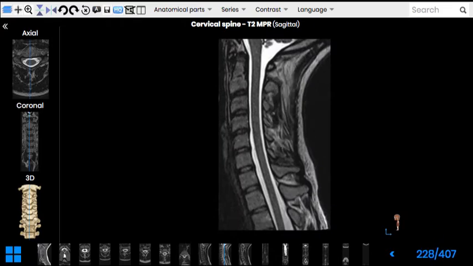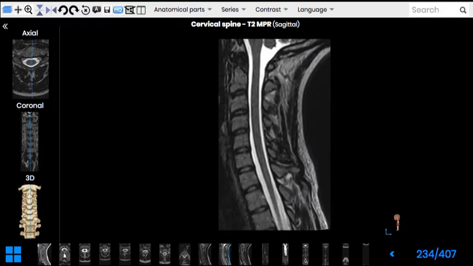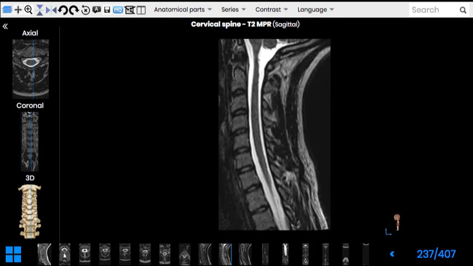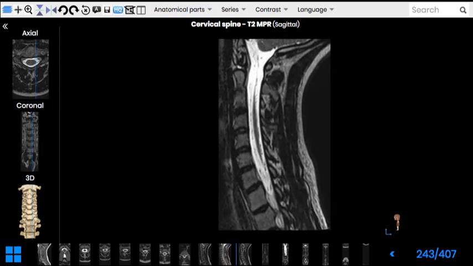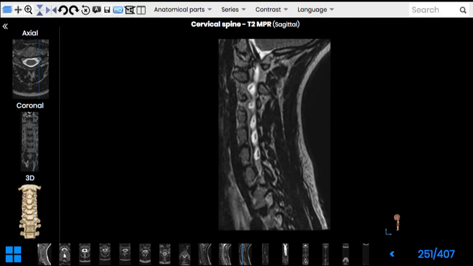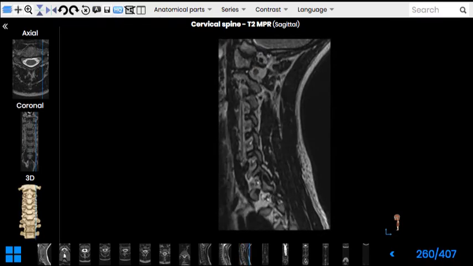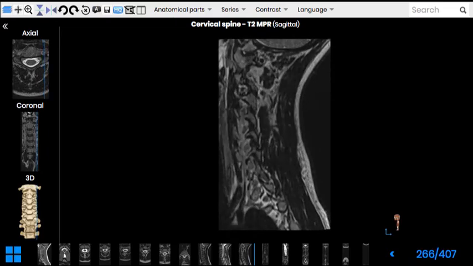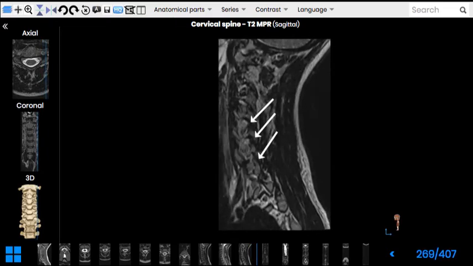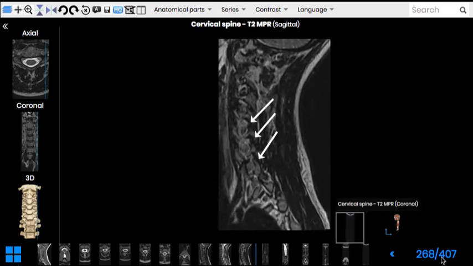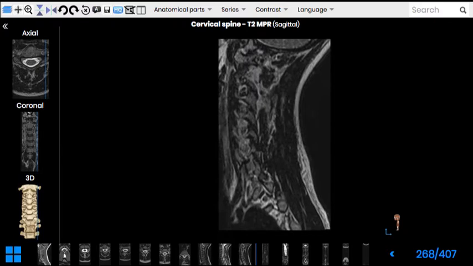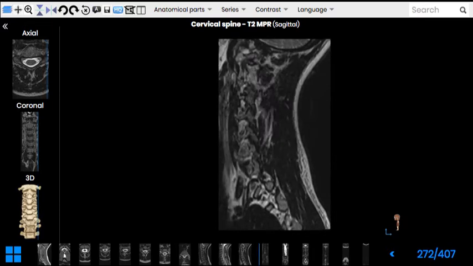Well, let's now try to scroll laterally, and I want to show you one more feature which we must be aware of. This feature is right here. Have a look at these joints which appear on the lateral side of the vertebral column. These lines right here, these 1, 2, 3, 4 lines, they represent the articulations between the superior articular processes and inferior articular processes of the spine.